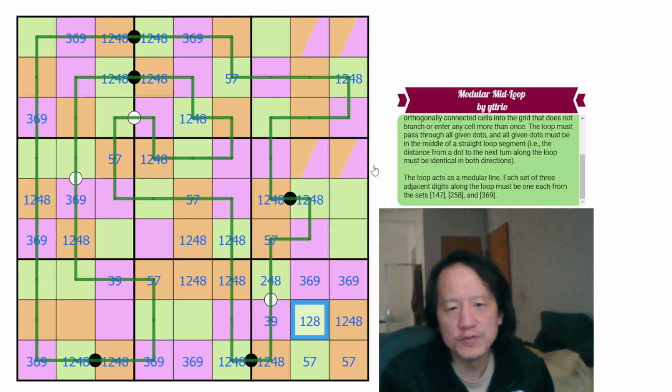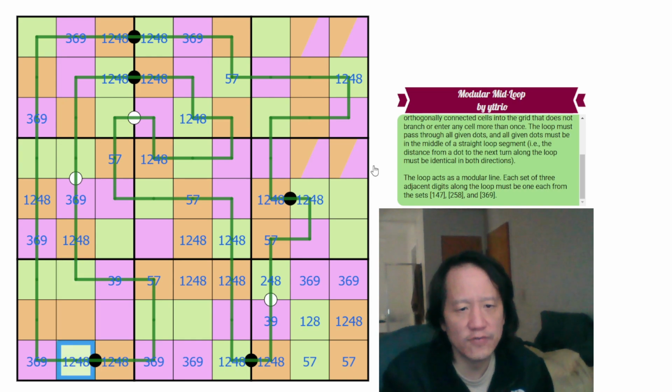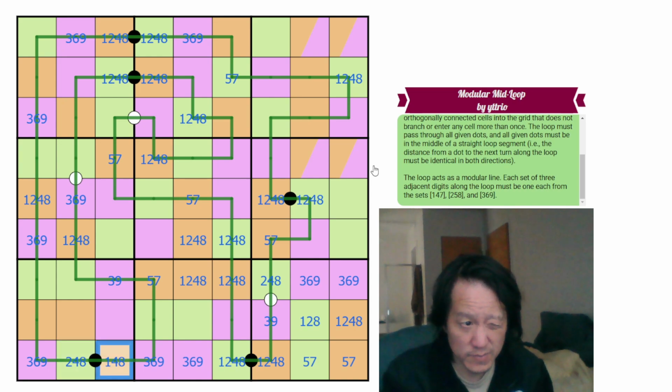So, if this is 1, 4, 7, this has to specifically be 1. Right? So this can never be 1 then. Which means this can't be 2. So either this is 2, 1, or this is 1, 2 here.